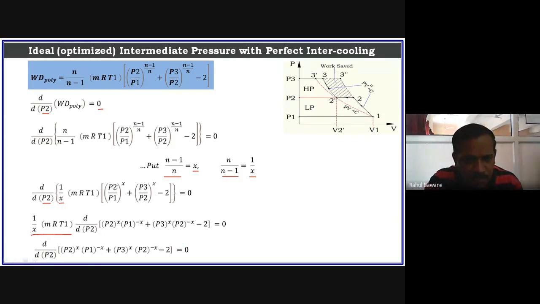In this bracket, P2 raised to the power x in the denominator, if I take it into the numerator, becomes P1 raised to the power minus x. Here, P3 raised to the power x divided by P2 raised to the power x, if I shift it into the numerator, becomes P2 raised to the power minus x. So we have this equation.